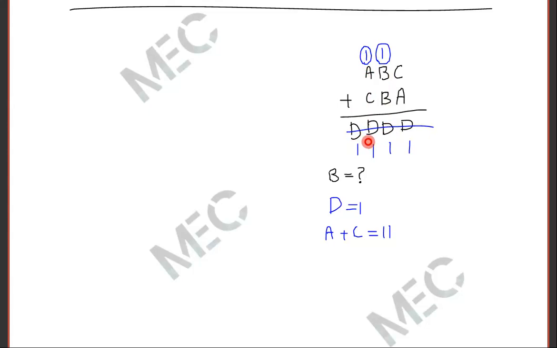So 1 plus 2B here must be 1, so B must be 0. Here it makes 1 here, and then A plus C is 11, so we write 11 here. That makes this question correctly solved.